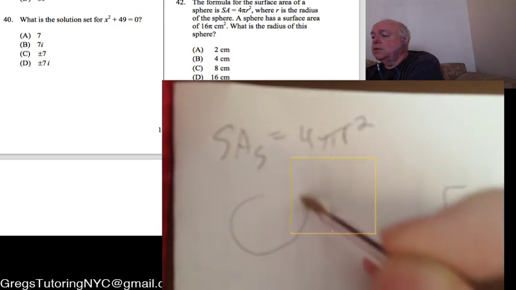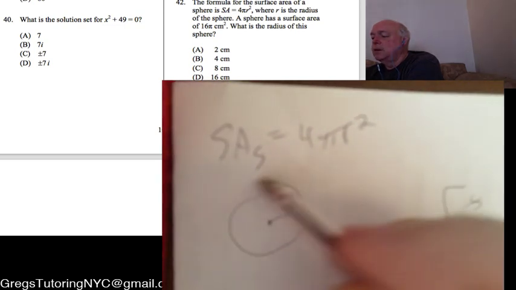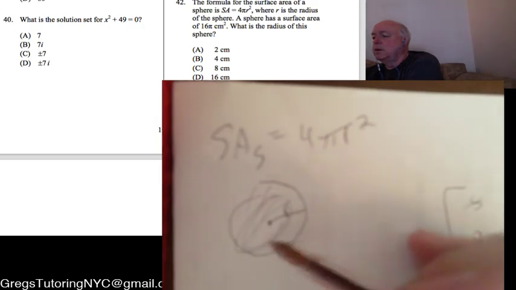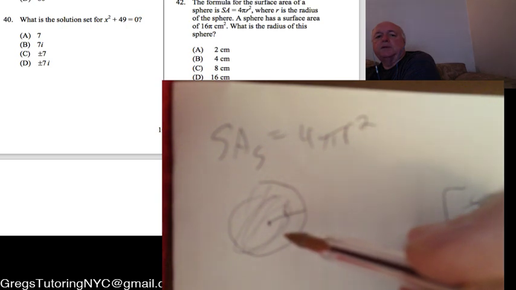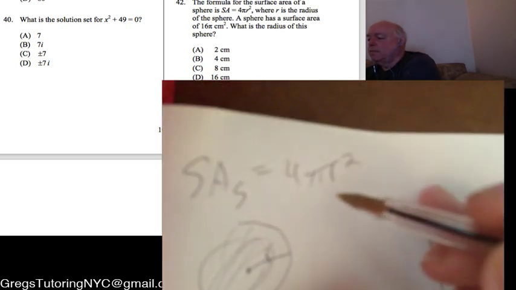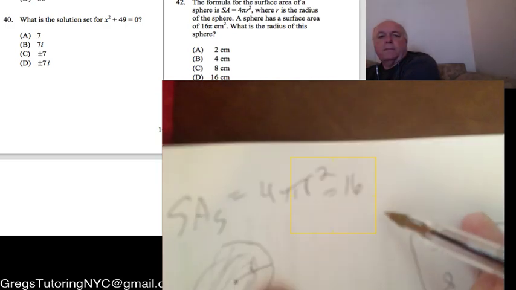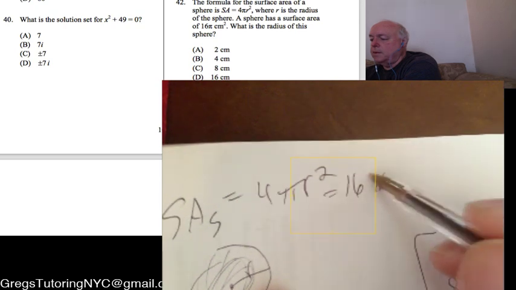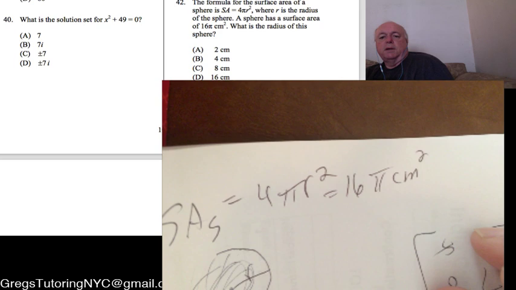So this is the three-dimensional shape. It's not a circle. It still has a radius going to all parts, right? Think a bubble here or something. A sphere has a surface area of 16 pi centimeters squared.